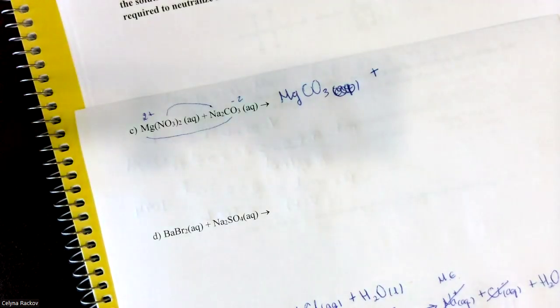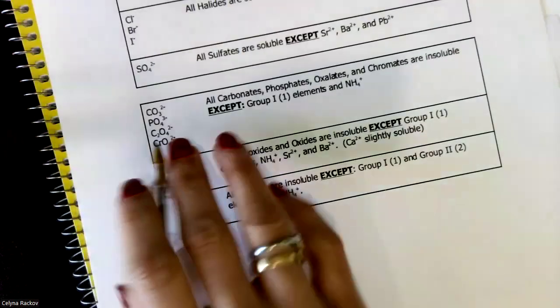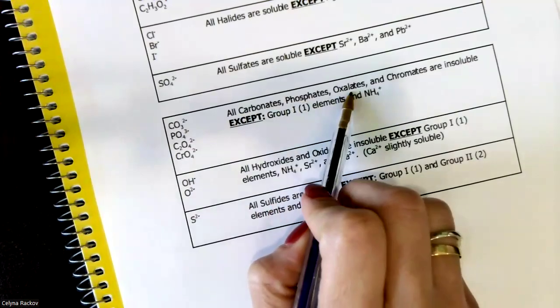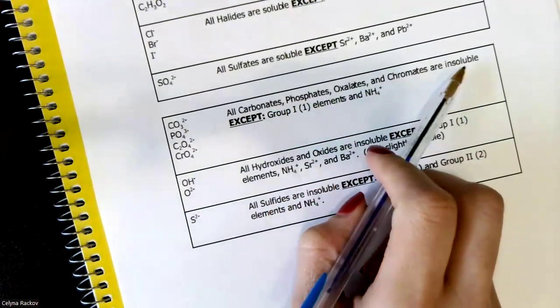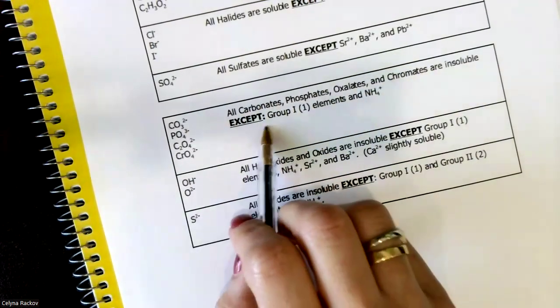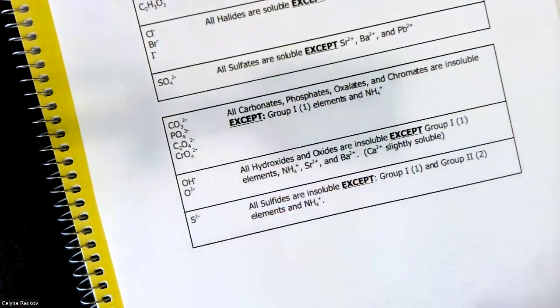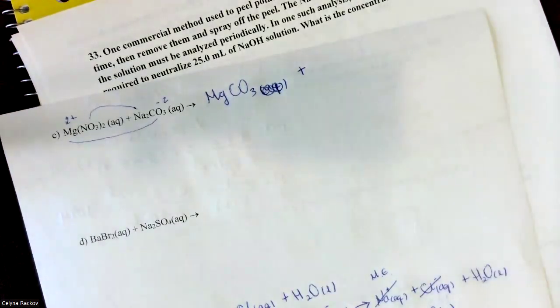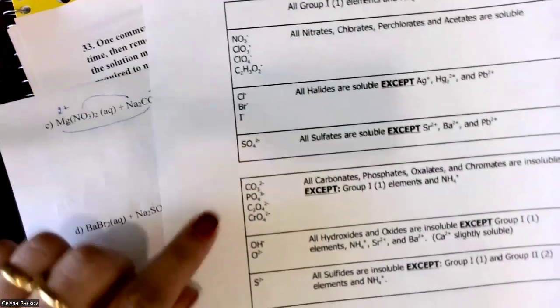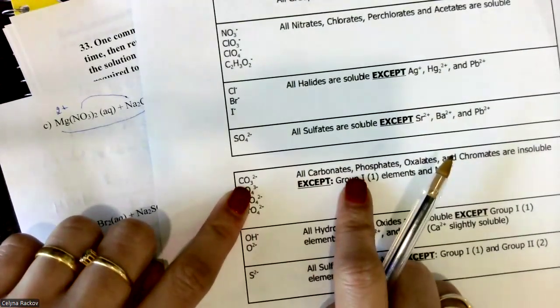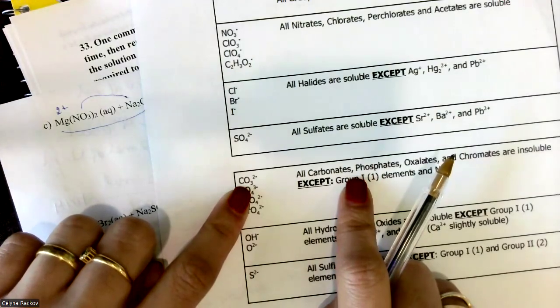Now let's go to the rules here. All carbonates, phosphates, oxalates are usually insoluble, right? Except when they are group 1 or ammonium. So carbonate here is what? Magnesium carbonate. Carbonate will be solid, insoluble or soluble.